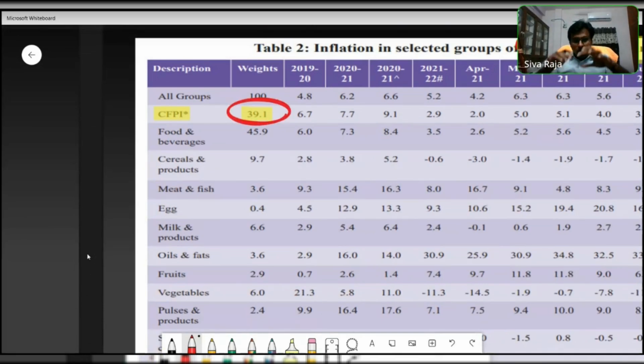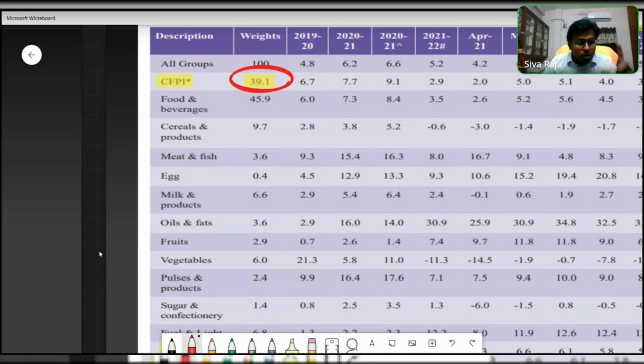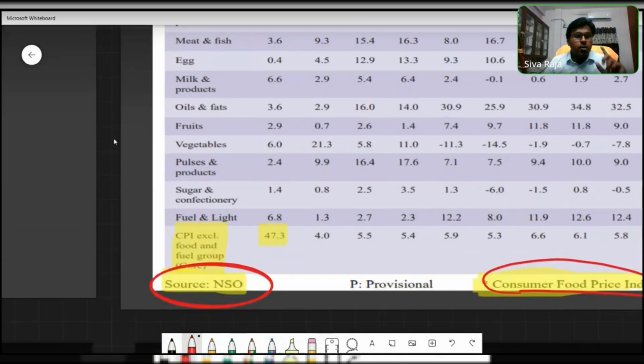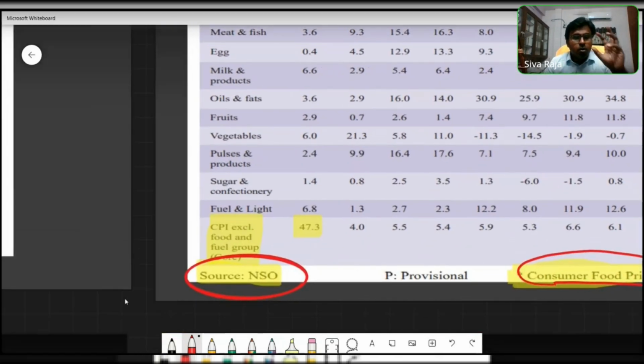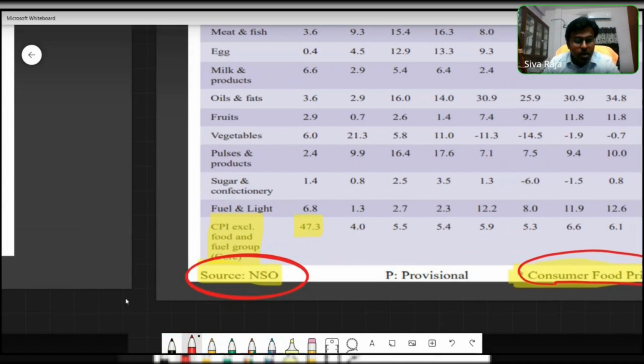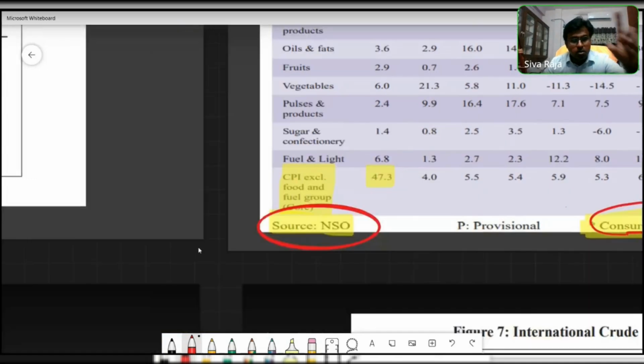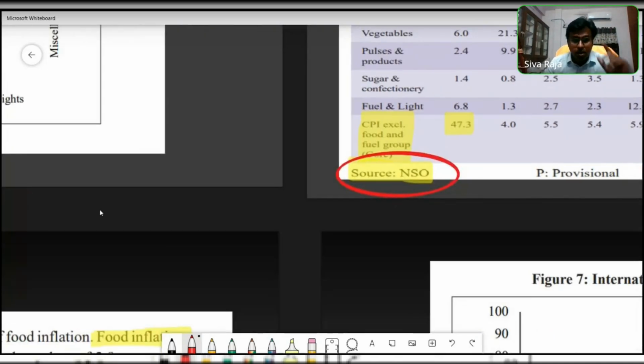The point you should understand is which has higher food component, which has higher fuel component, next I will come. But now you should be very clear. CPI food component is higher, WPI food component is lower. What is the source of WPI? What is the source of CPI? What is the base year of CPI? What is the base year of WPI? Please look at this.